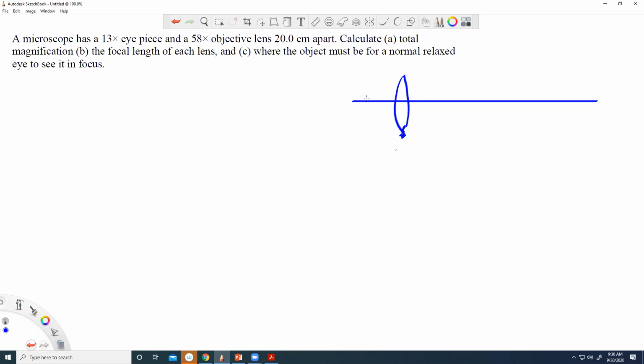The focal length is not given, so we use FO for focal length of objective. Its magnification is given. MO is 13x.